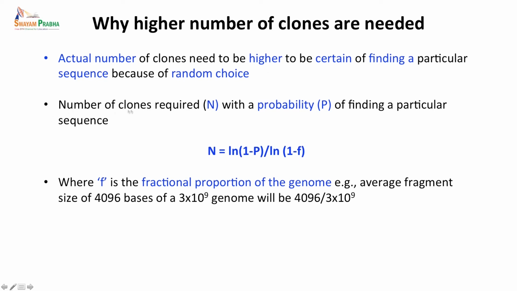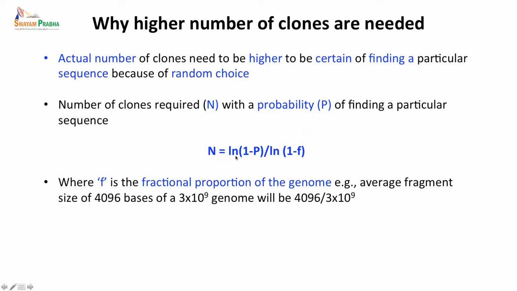People have done this exercise theoretically, and they have come up with a formula which tells you the number of clones required. This is shown by n, so that you can find a particular sequence with a certain probability, which is P.